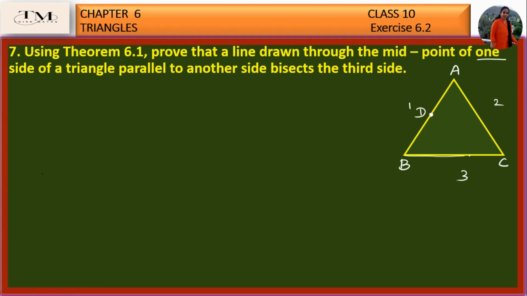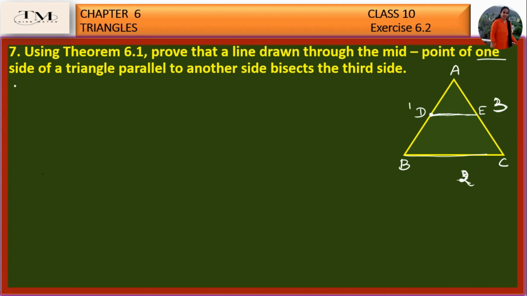So let us keep this point as E. If this is the third side, DE is parallel to another side, which is BC, and it bisects the third side AC, that is AE is equal to EC. So E divides AC into two halves. We have to prove AE is equal to EC.